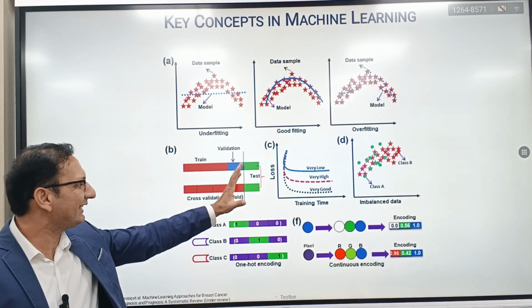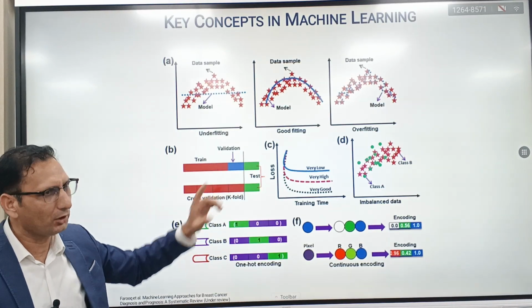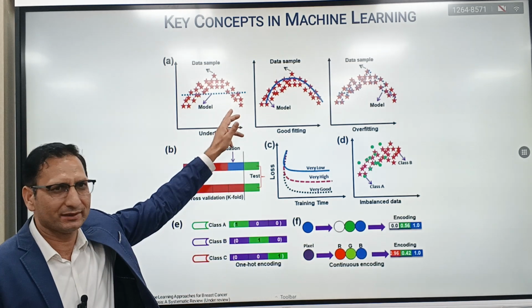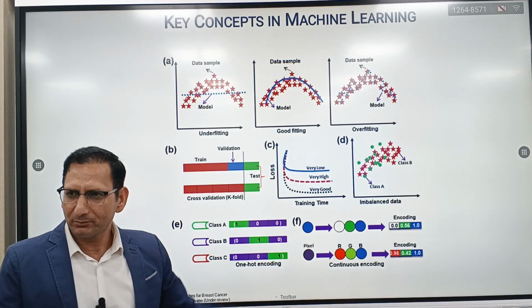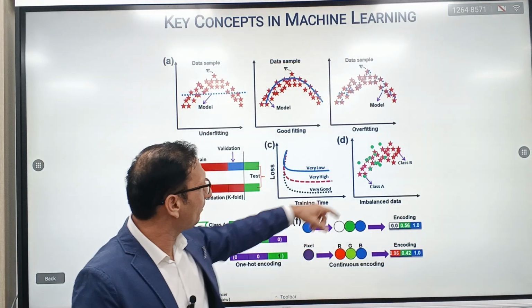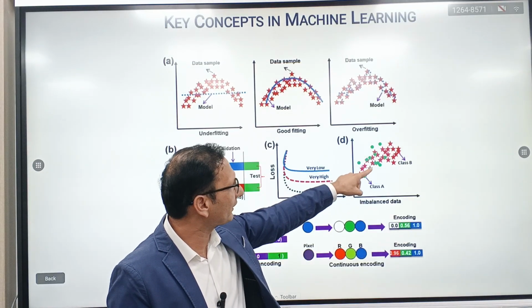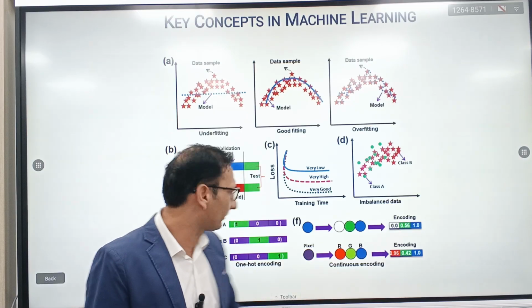You don't need to show your training data in testing. Don't mix them, otherwise you have this problem. Loss and training time: if your loss is small, your model is good. This is mostly used in deep learning. And here, imbalanced data: you see we have some green samples and the big class B is big. This is also a big problem.